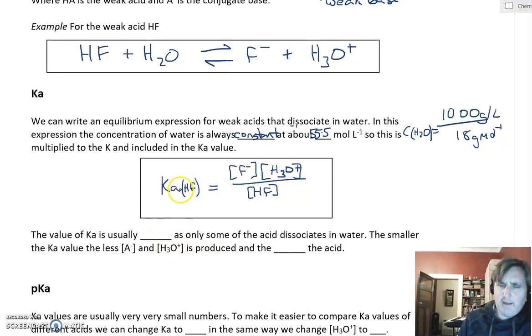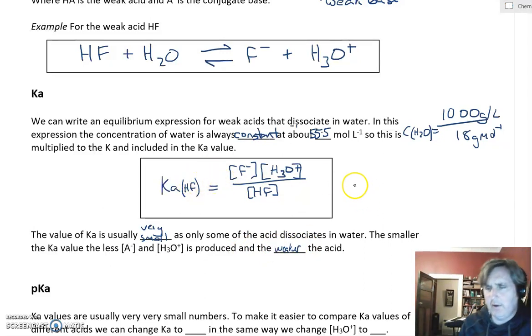Now, the value for Ka, because when this partially dissociates, only a very small amount of the conjugate base and the hydronium ion is produced at one time, is usually small or very small. And the smaller the Ka, the less of the conjugate base or the hydronium that's produced, and the weaker the acid.